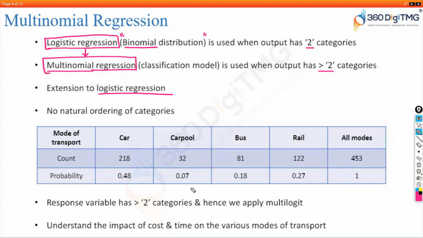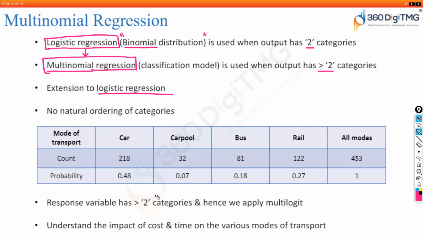Okay, now, here we have a scenario such as, if a person gets down at the airport, especially in a lot of developed countries, you'll have rail connectivity to airports, and all the other connectivities. So what mode of transportation would people prefer?